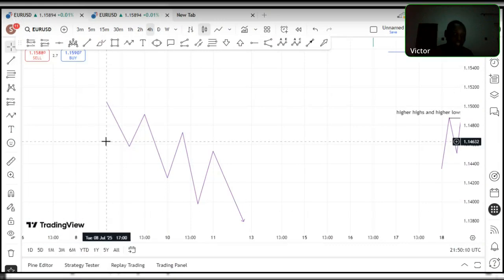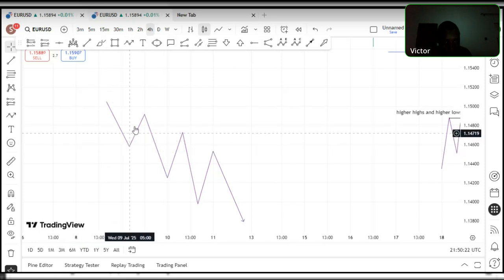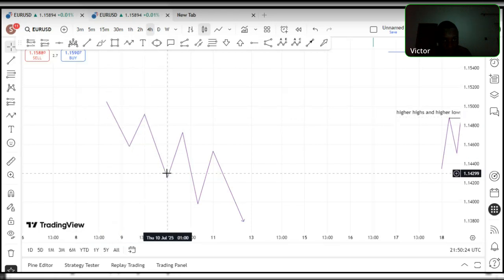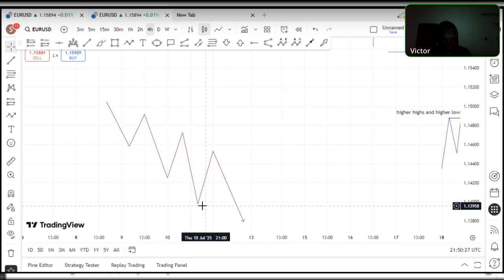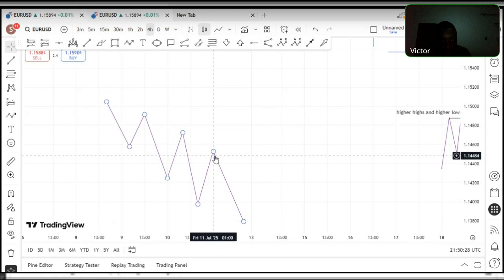This is because the market is coming down. When we say something is high, it means it's above. When we say something is low, it means it's below. So for a downtrend, we have lower high, lower low, lower high, lower low, lower high, lower low. That's how it trends down.